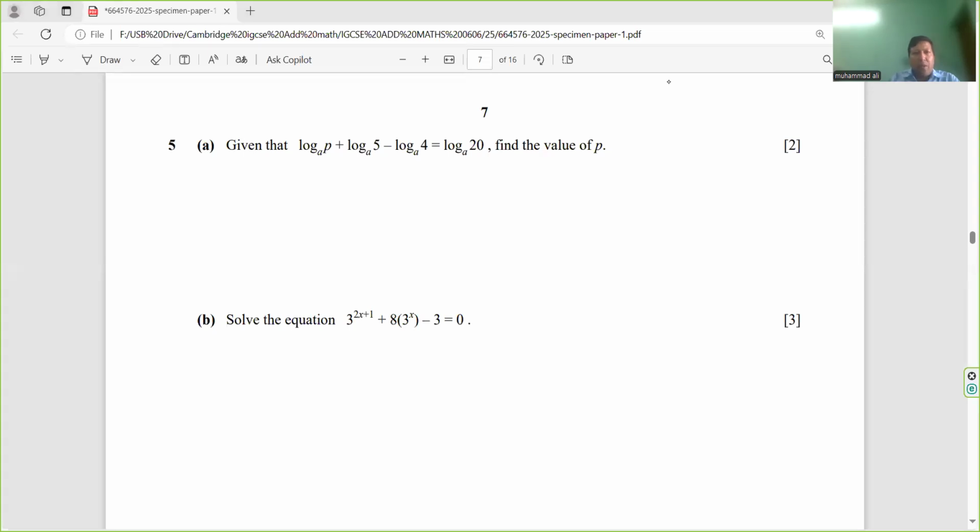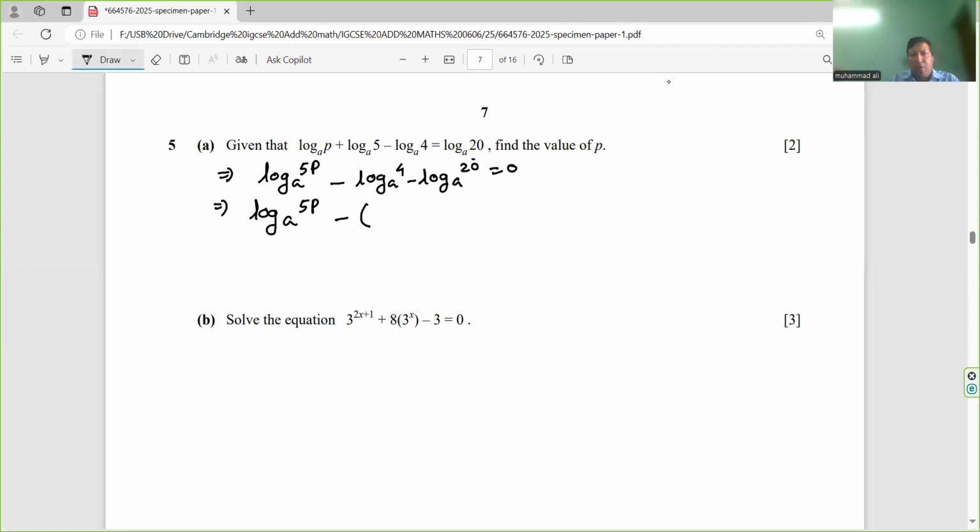Now 5a. In the log, if it is addition mode, it will be multiply. So we can write log A base 5p. Now when log A20 comes to the left side, it will be minus log A4 minus log A20 equals 0. After that, log A base 5p minus log A base 4 plus log A base 20 equals 0.